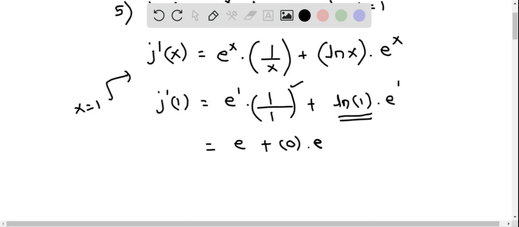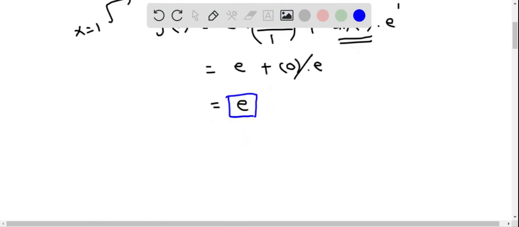Therefore the second term gets cancelled, and so we get the value as e. Therefore we say that the derivative of this function at x equal to 1 is e.